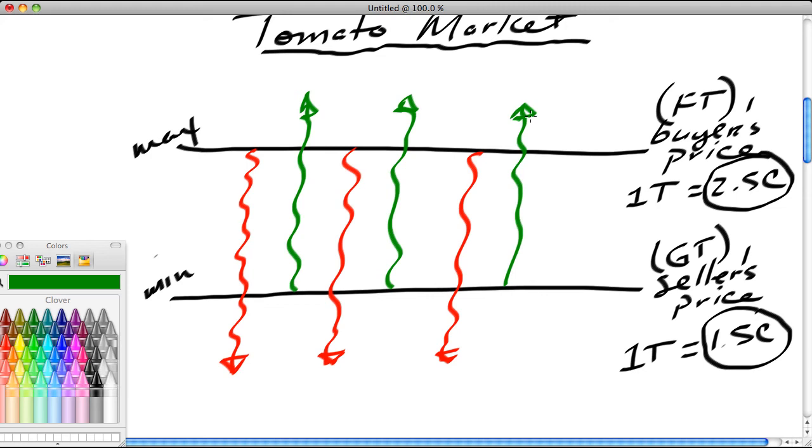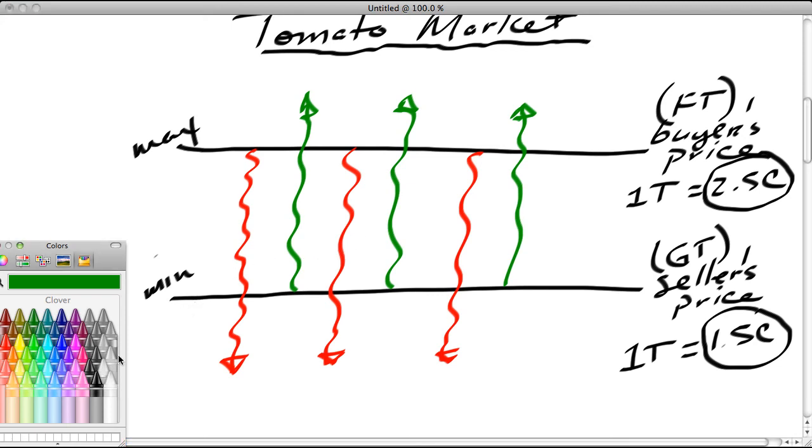So what we see then is there is overlap in our zone. We have a zone of overlap. We have a zone where both the seller would be happy and the buyer would be happy. And where does that fall? That falls between 2.5 corn and 1.5 corn. And really, if you think of fractional prices, there's an infinite number of possible trading prices within that zone.